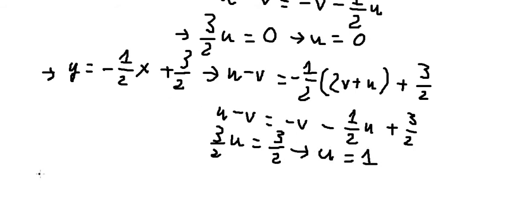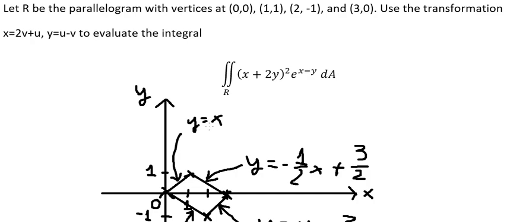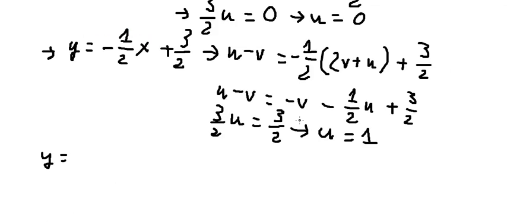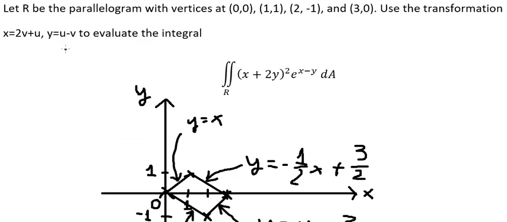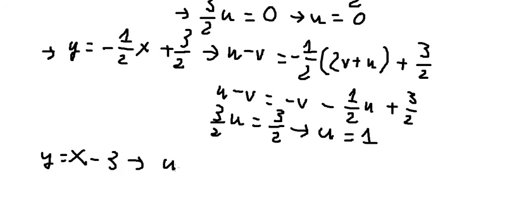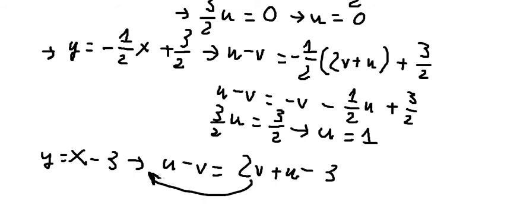And the last one, y equals x minus 3. So for y we have u minus v, and x should be 2v plus u minus number 3. So we simplify u on both sides, and 2v we put on here.